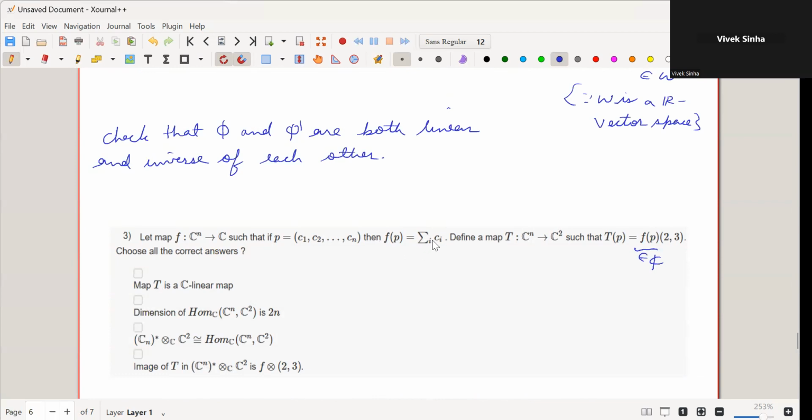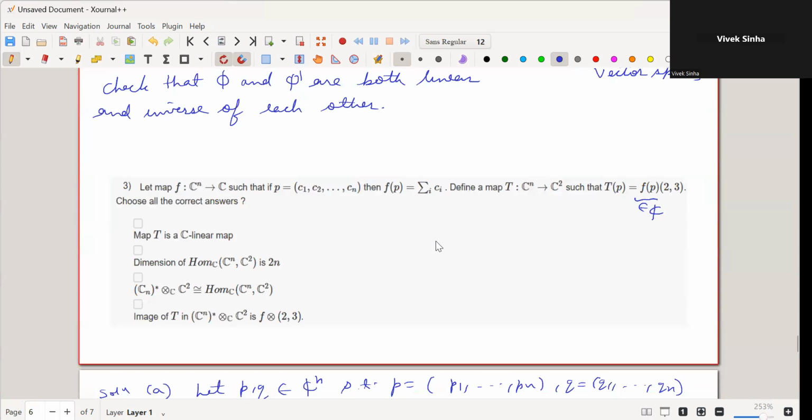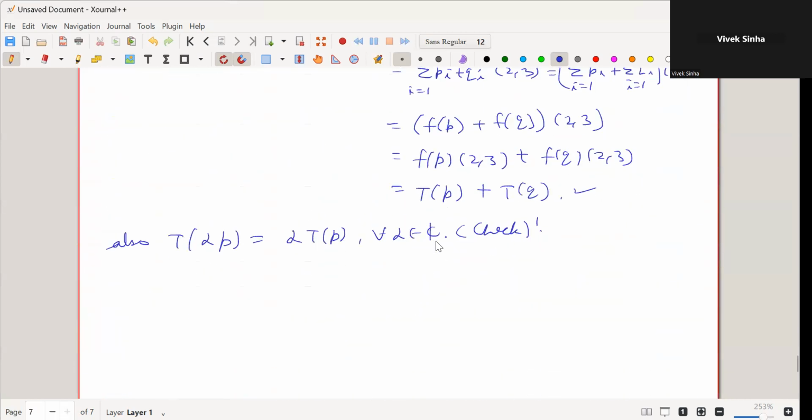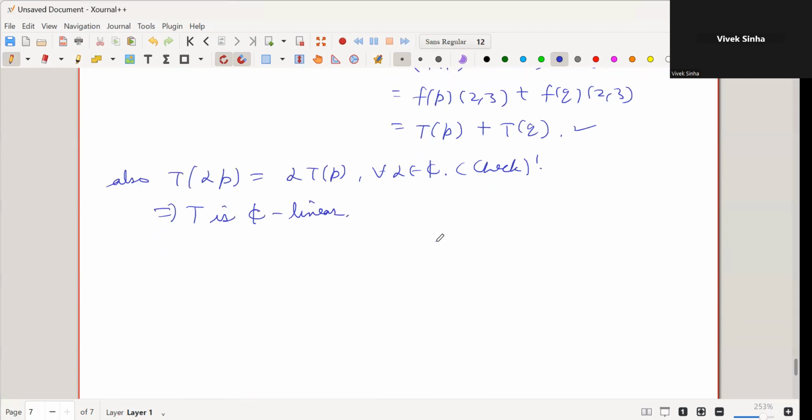So the summation will be alpha times the ci's, and then you can take alpha out, so it will be alpha times the summation of the ci's, which is just alpha times F(P). Okay, so you just need to do this, and that implies T is C-linear. Okay, so now I think we can move to the next part.